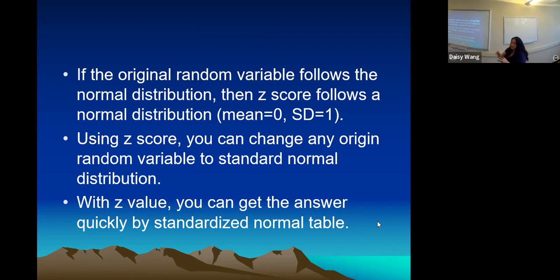Everything is calculated as how many standard deviations. So when we use the Z score, we can change all the random numbers to a standard normal distribution, and then we can use the standard normal distribution table to see what the value is, and then we can calculate the probability.